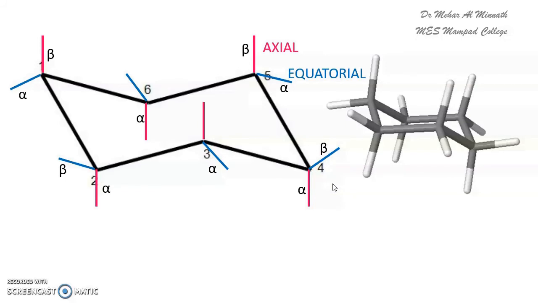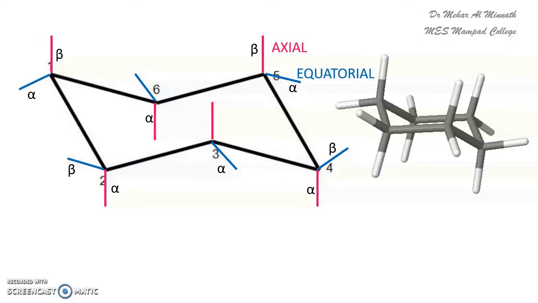They are pointing downwards, so they are called alpha. That is the nomenclature and the way we draw the various CH bonds, and the parallel nature of the CC bond and CH bond you must take care of.